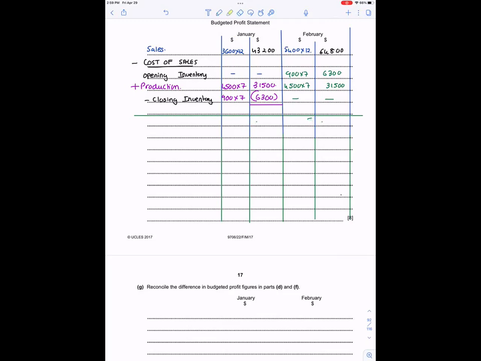Start. Sales minus variable cost of production, or minus cost of production, I will say. You can also say cost of sales: opening inventory plus production minus closing inventory.